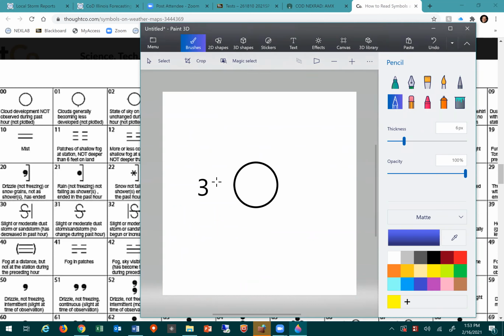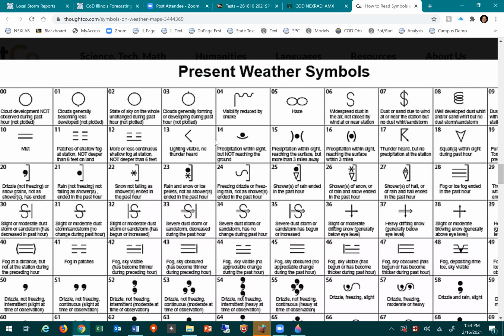So if I were to draw in something like this, I would say there's a rain shower. Okay, so that's the symbol for a shower with 3 miles visibility. So since we're observing events, these are what we would see as almost always hydrometeors: rain, snow, sleet, freezing rain, blowing snow.